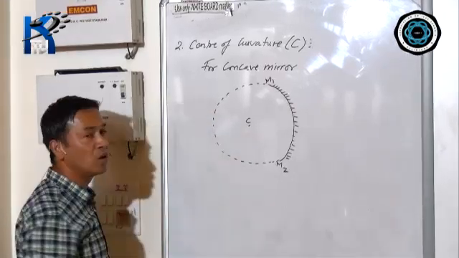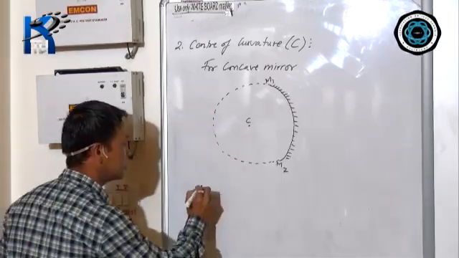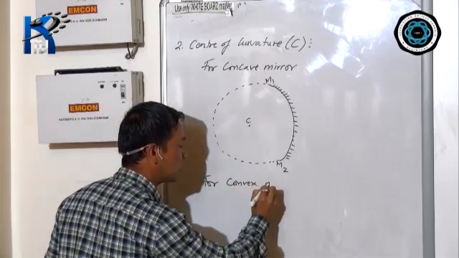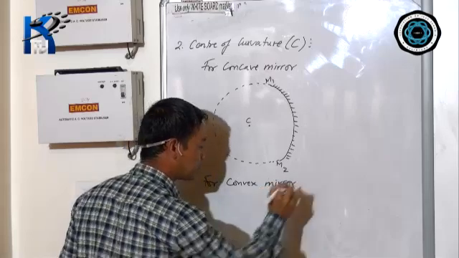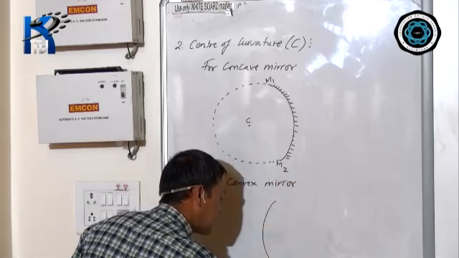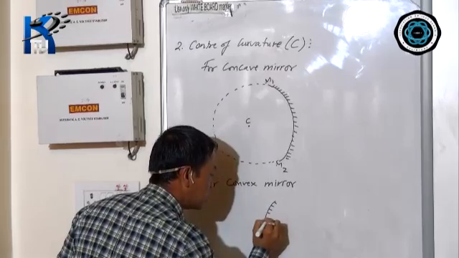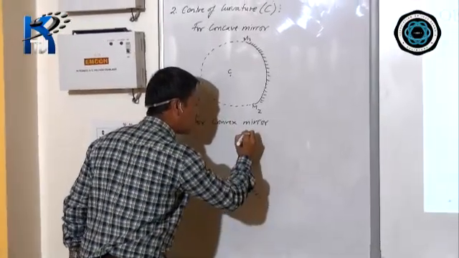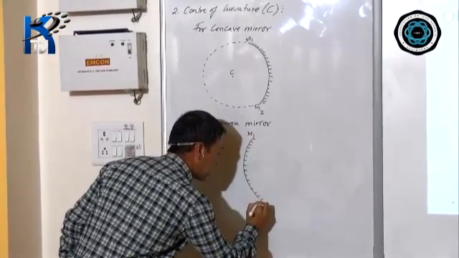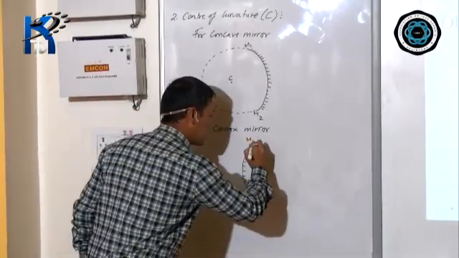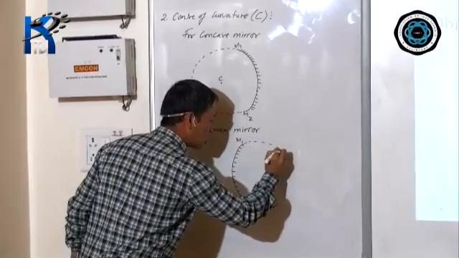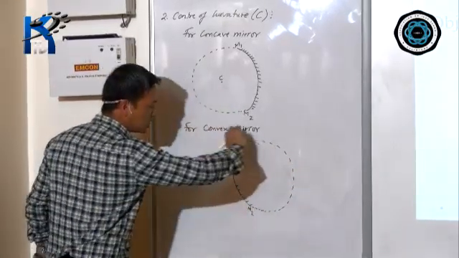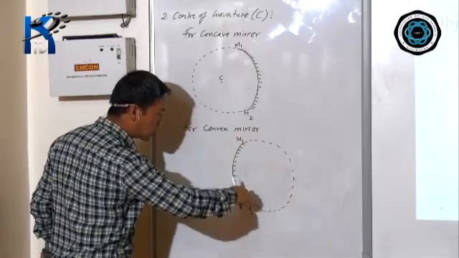I can show it again for a convex mirror. So we are doing it for the convex mirror now. You know, this is a convex mirror, which is also a part of a hollow sphere. So I'm marking this as M1 and M2. I'll draw the imaginary line to show that this is a hollow sphere, and this is a convex mirror.